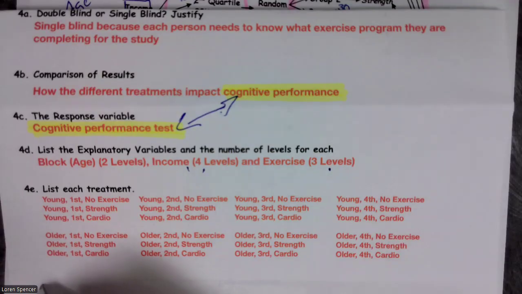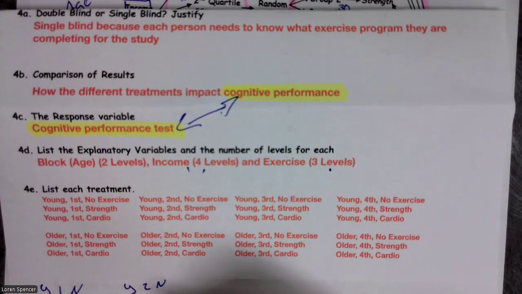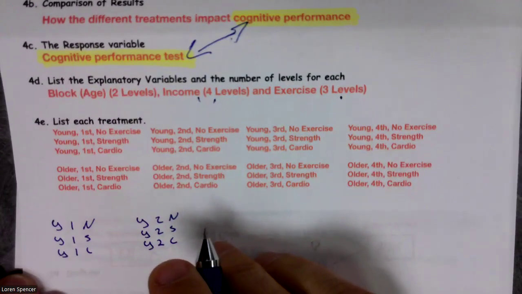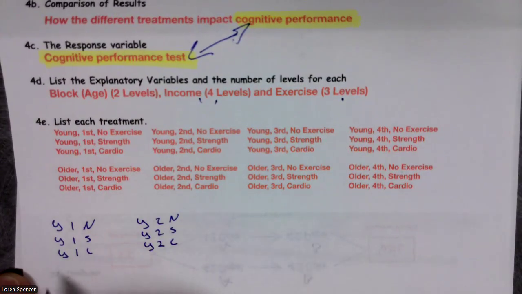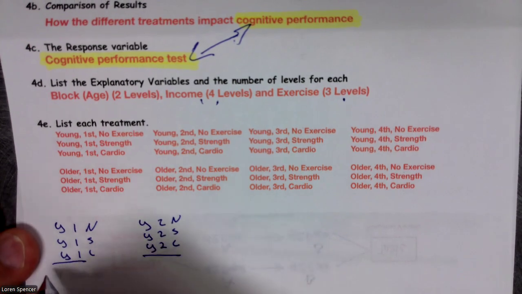I could go young 1, no exercise, young 1 strength, young 1 cardio. Young 2, no exercise. Young 2 strength. Young 2 cardio. And just to make it short, I'm only going to do that, then I'm going to do an old one.